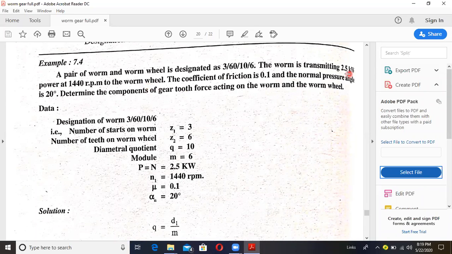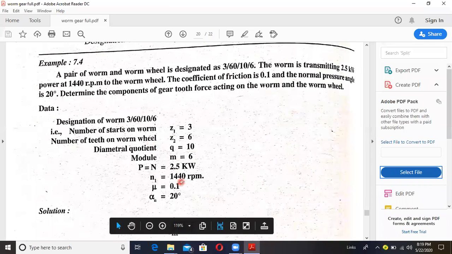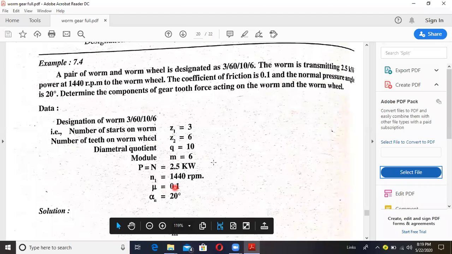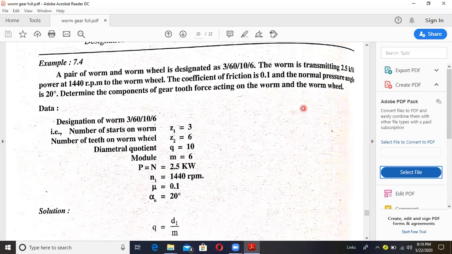That is, power N is equal to 2.5 kilowatt, and the worm is rotating at a speed of 1440 RPM, therefore N1 is equal to 1440 RPM. Next, the coefficient of friction is 0.1, that is mu is equal to 0.1, and pressure angle alpha is equal to 20 degree. Determine the components of gear tooth forces acting on the worm and the worm wheel.